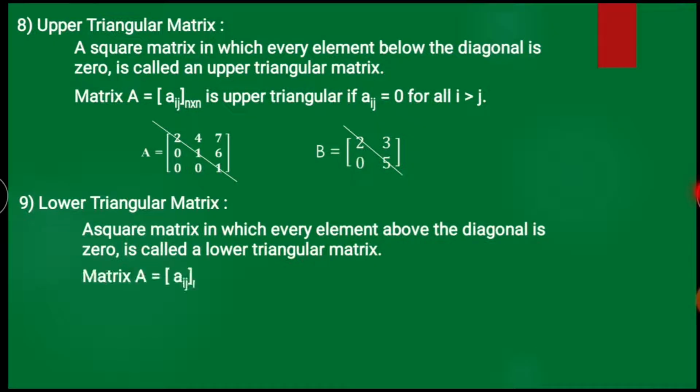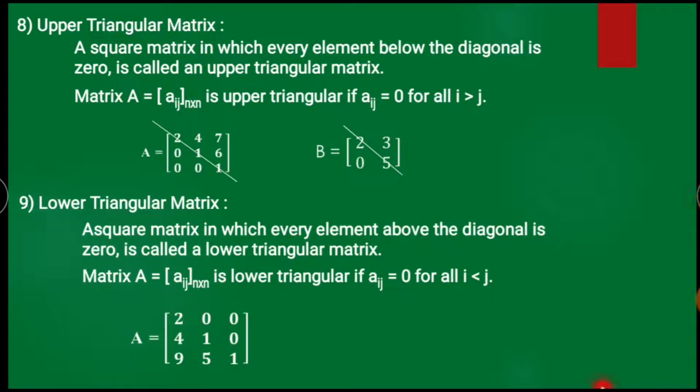Here we write in symbolic form: a matrix A containing elements Aij of order n by n is lower triangular if Aij equals 0 for all i less than j.